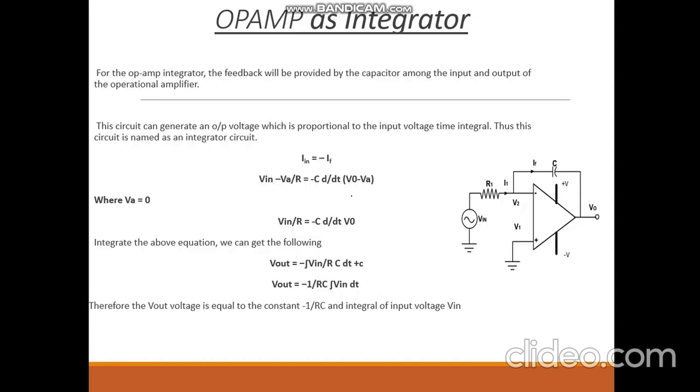So we take these R and C out, and in this equation Vout is equal to minus 1 upon RC integration of Vin dt. Therefore, the output voltage Vout is equal to a constant minus 1 upon RC times the integral of the input voltage Vin.